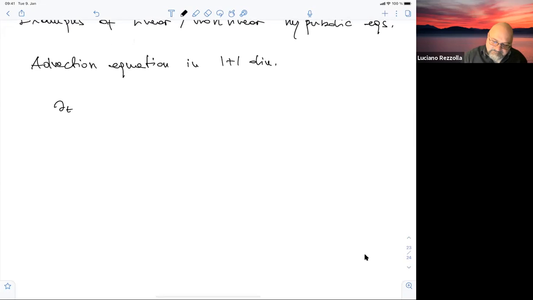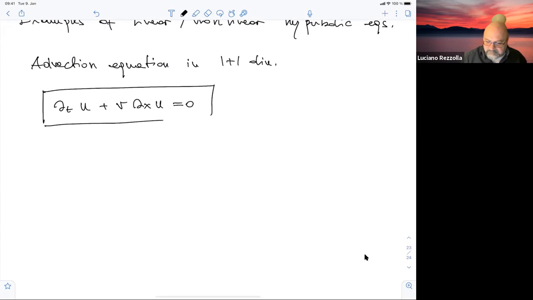This is a very simple equation, dtu plus v dxu is equal to 0. I'm going to call this 10. This is called the advection equation. This is the equation that is just telling you that the solution to 10 is very simple.